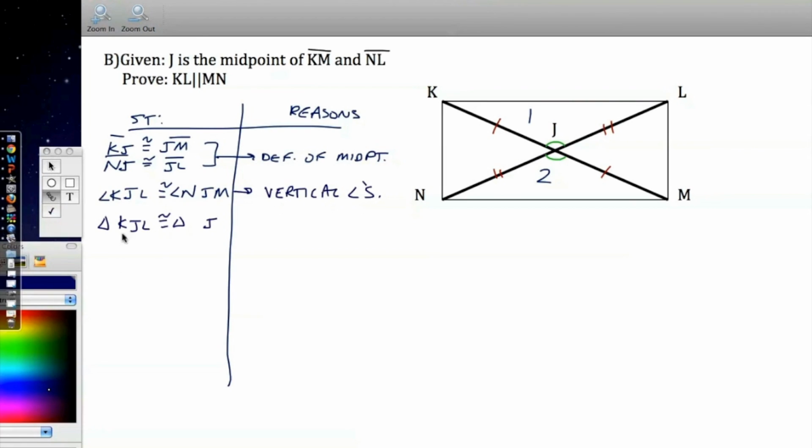I've got KJL, and notice K to J is this segment here, so this should really go M to J to N. Okay, so it goes K, J, L, so side 1, angle, side 2, so this should go side 1, angle, side 2. So this is MJN. And this is going to be by side, angle, side, because it's a side, an angle, and a side congruent to a side, an angle, and a side. Okay? So that's how this goes.